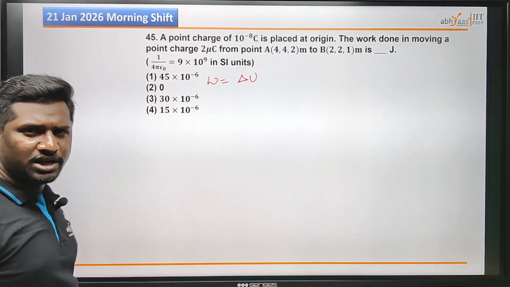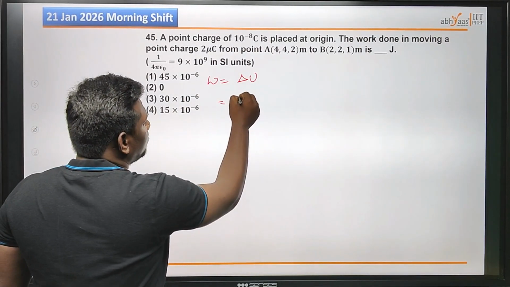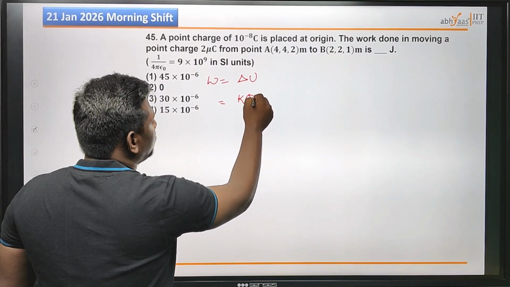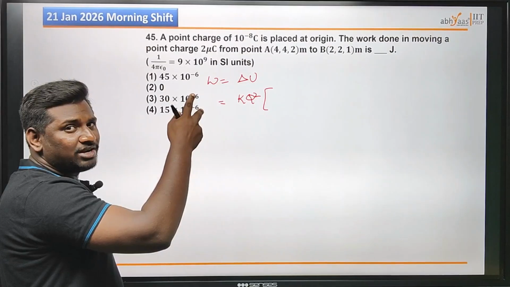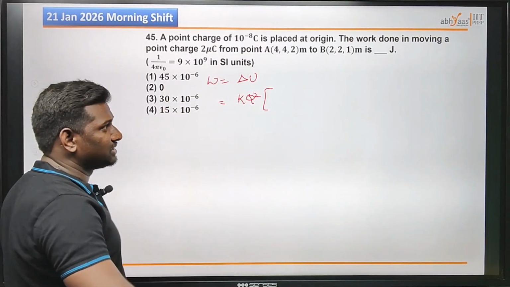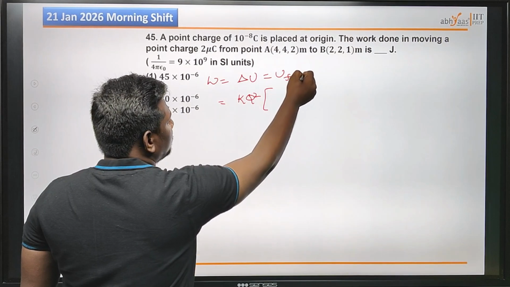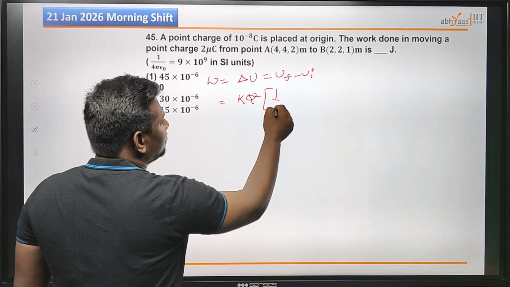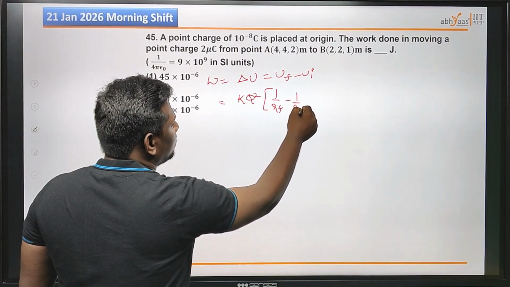We know that potential energy is K q square by distance. We have two different distances, that's why I am writing U final minus U initial, 1 by R final minus 1 by R initial.